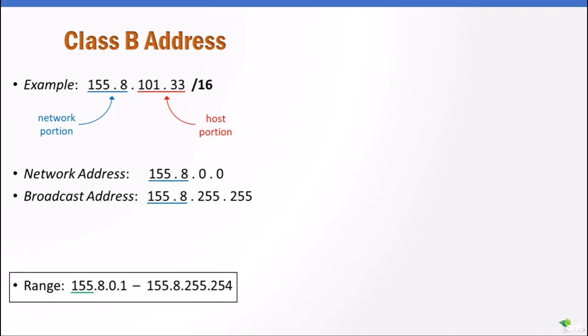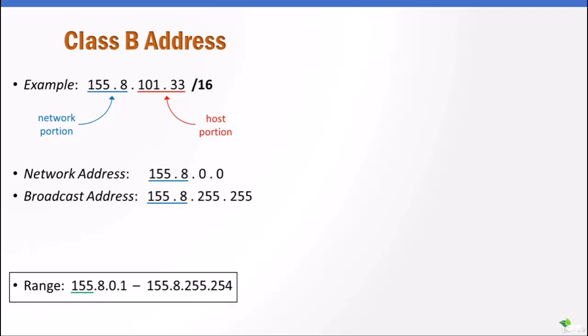First, let's go through this example. So this is a Class B address, 155.8.101.33/16. So /16 means that the first 16 bits of this IP address represent the network portion. So if we have 16 bits, that's 2 times 8, that's exactly 2 octets.